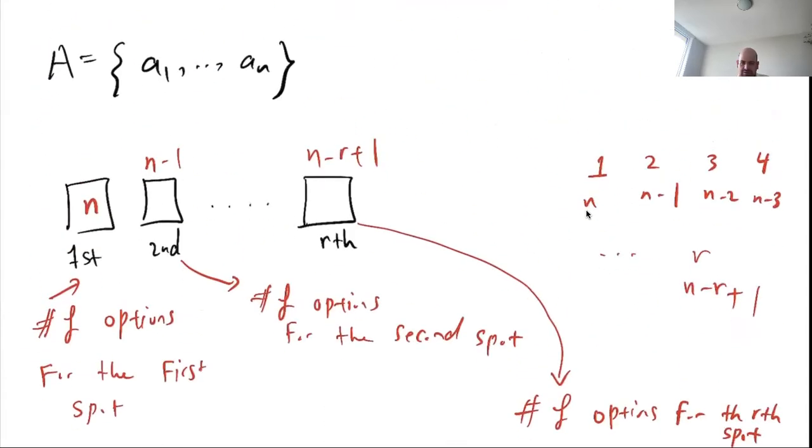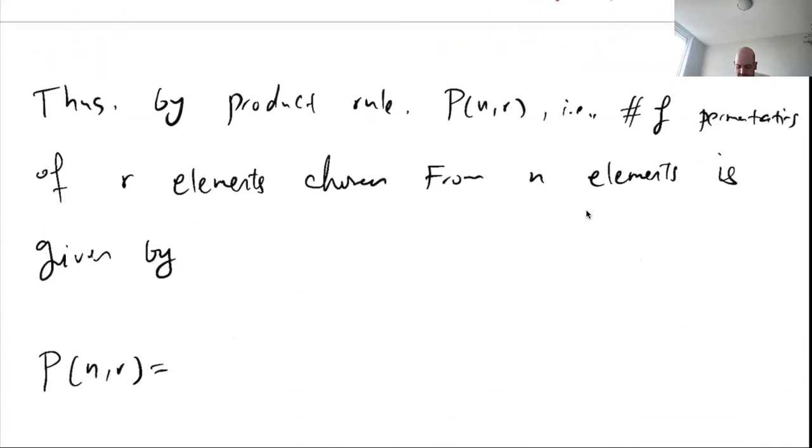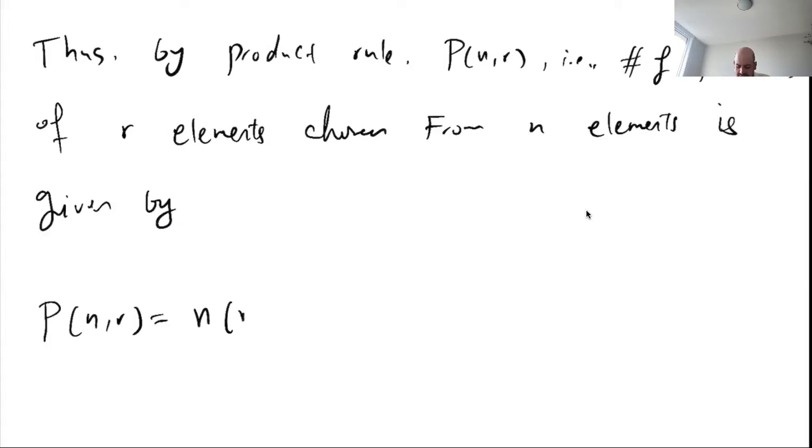For the first task, we have N options, second task, N minus 1 options, and so on. So overall, I have to just multiply these. So N times N minus 1 all the way to N minus R plus 1.